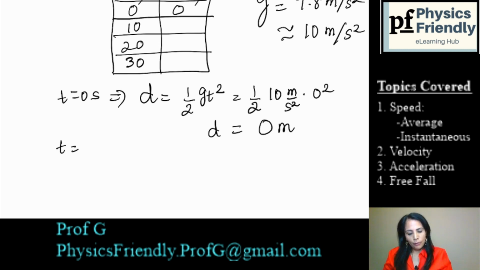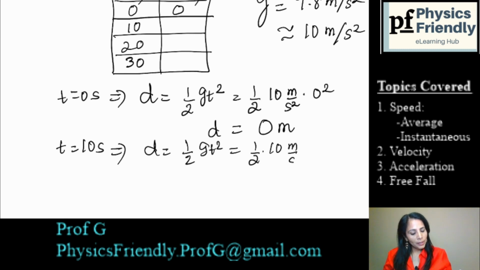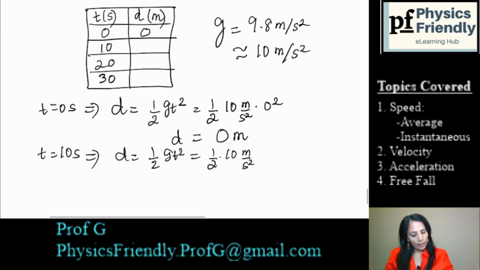Let's say for 10 seconds, d is half times g t square. So half times g, which is 10 meter per second square. You see how I'm actually carrying forward all the SI units? Do that, because a physical quantity in physics is never complete without a unit. So you always have to take forward the units. And then what do I have? 10 meter per second square, and then 10 second square.